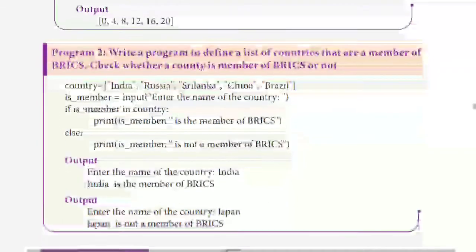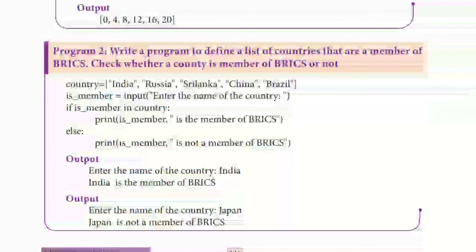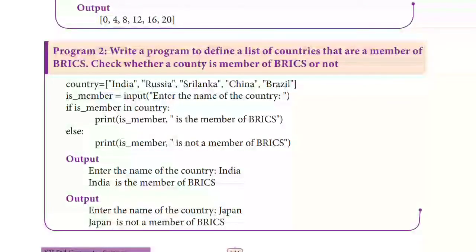So in the next program you can see the BRICS nation. So these are the countries which are available in the BRICS nation. They are going to get the country name from the user.